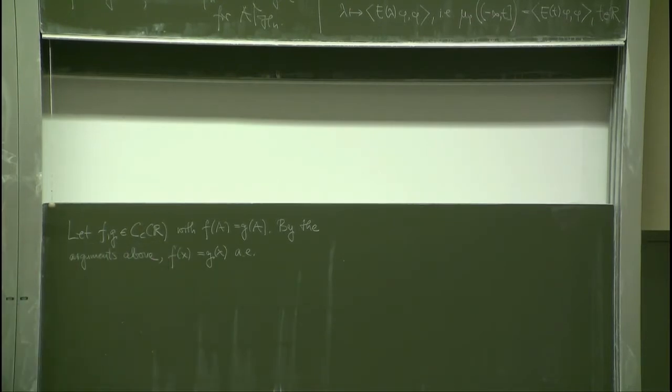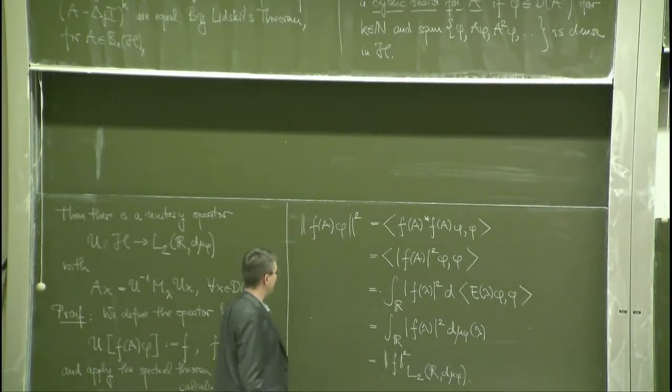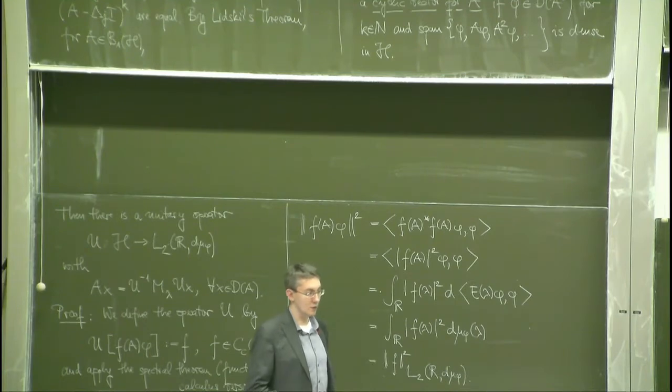This follows from what we had observed here. Assume that f of A equals g of A, then we obtain that f has to equal g almost everywhere.